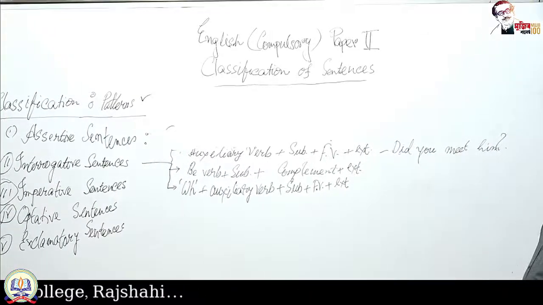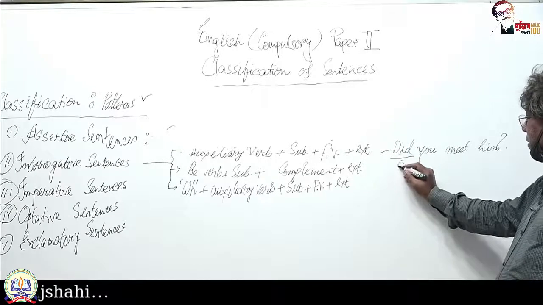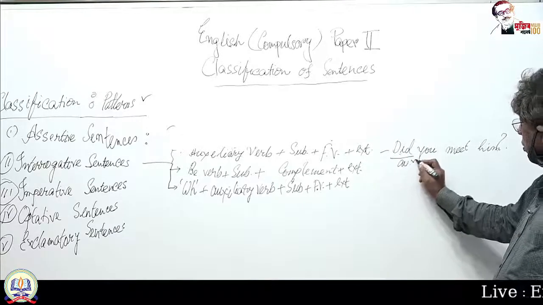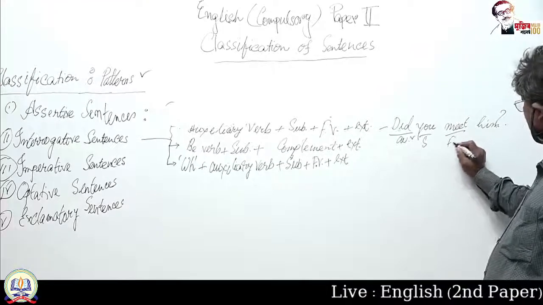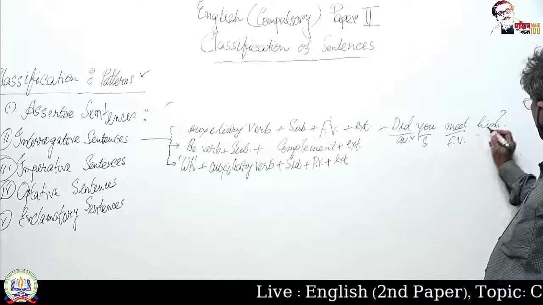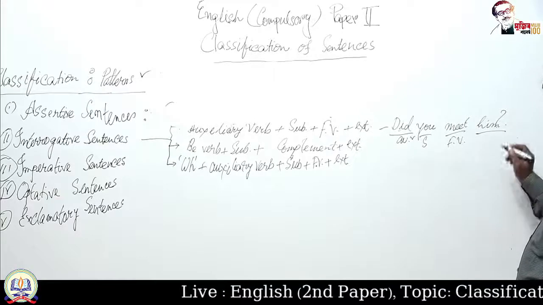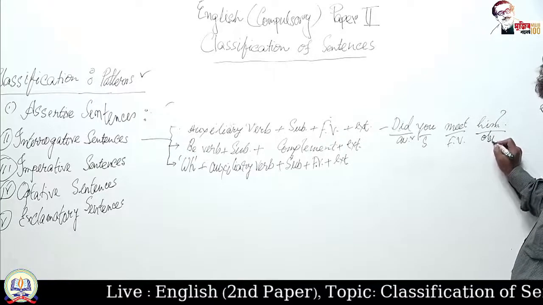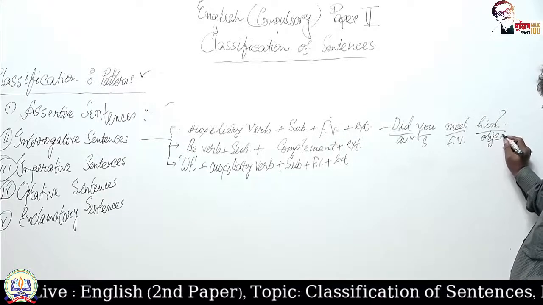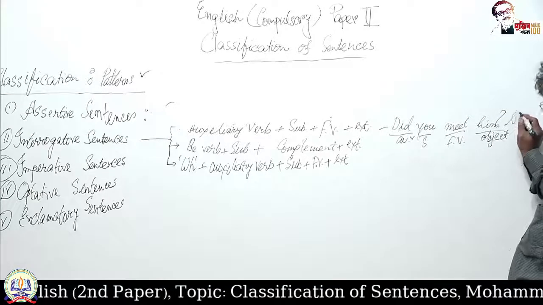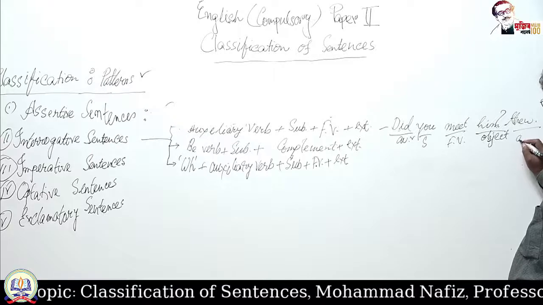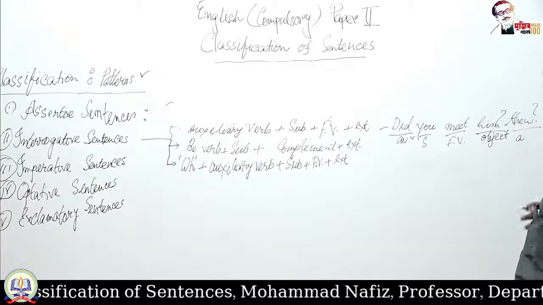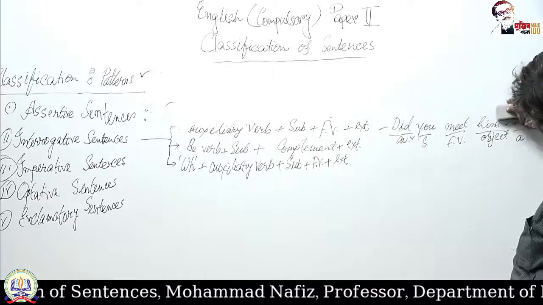In this sentence, did is the auxiliary verb, you is the subject, meet is the finite verb, and him is an extension which is an object. You may add another extension, an adverb: Did you meet him then?